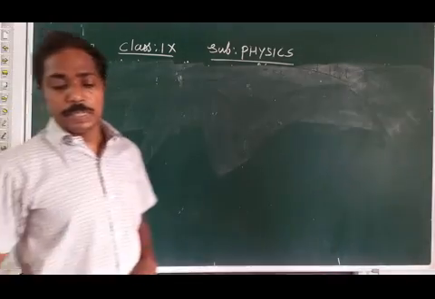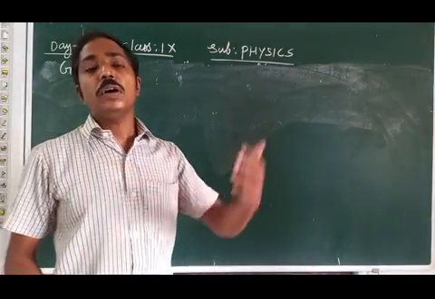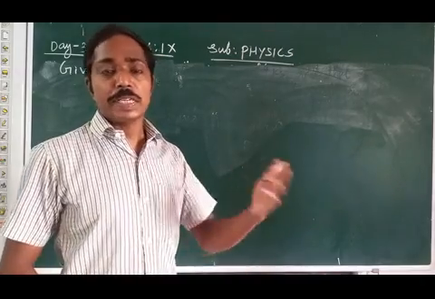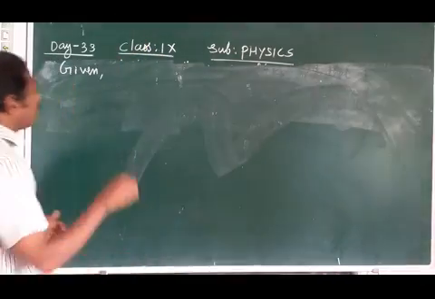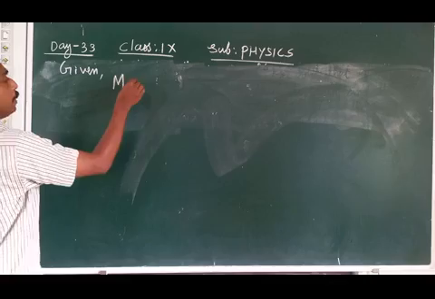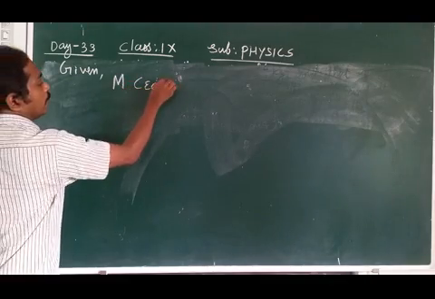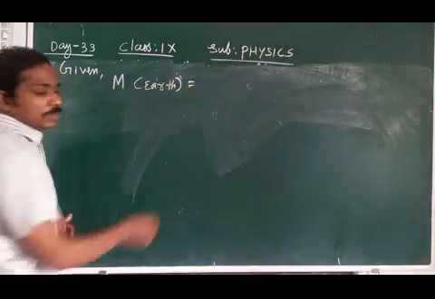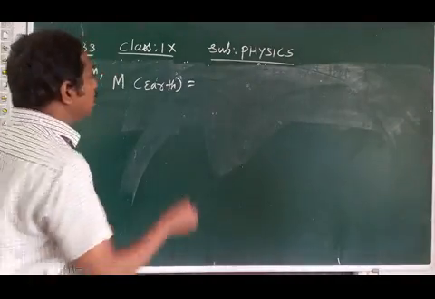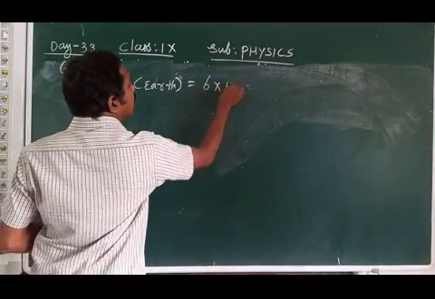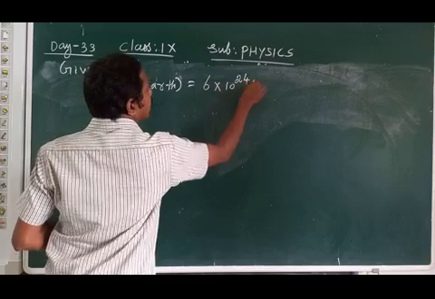Mass of earth. Since the mass of earth is larger, we take capital M. Capital M of earth equals the value given in the question, 6 into 10 raised to 24 kg.